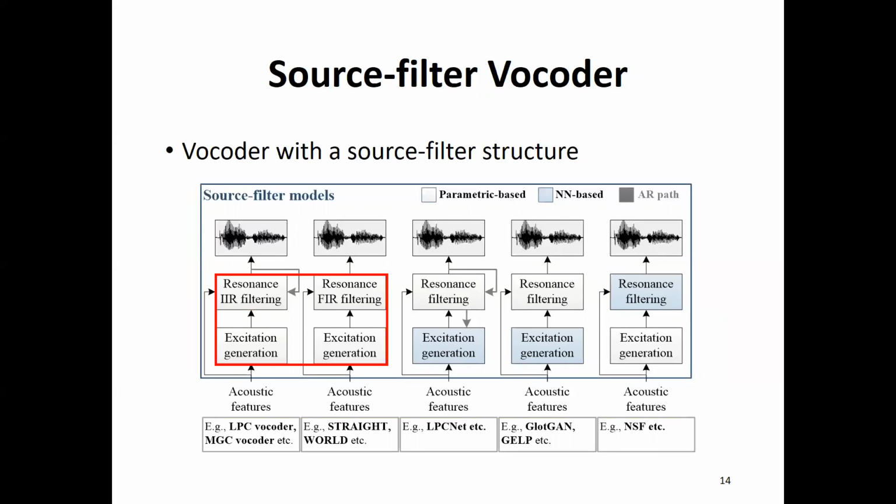For conventional vocoders, both modules are parametric based, like AR-based LPC vocoder and MLSA vocoder, or non-AR-based STRAIGHT and WORLD. Because of the powerful modeling capacity of neural networks, we can replace the excitation module with a neural network, such as AR-based LPCNet and non-AR-based GELP and GlotGAN. Or we can also replace the filtering module with a neural network, such as the neural source filter, NSF.